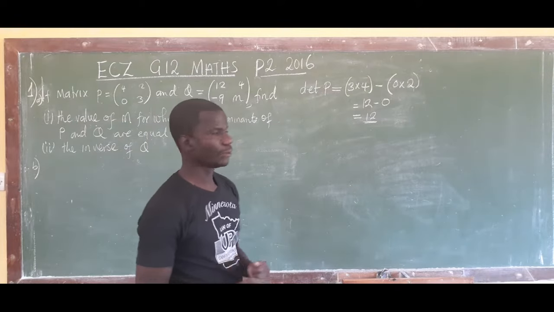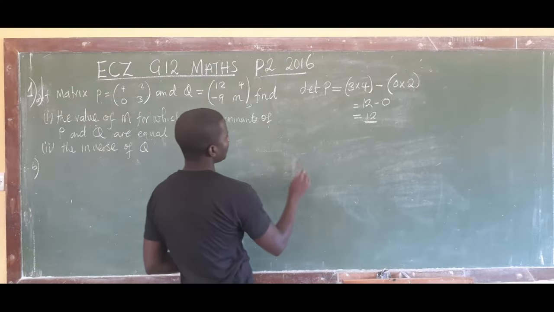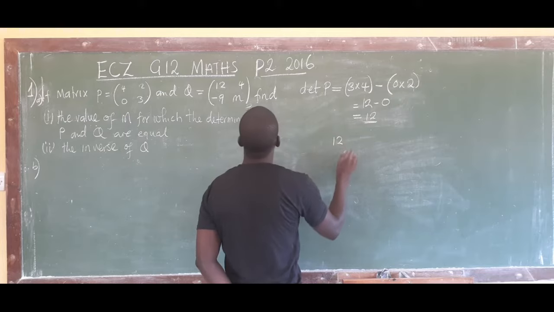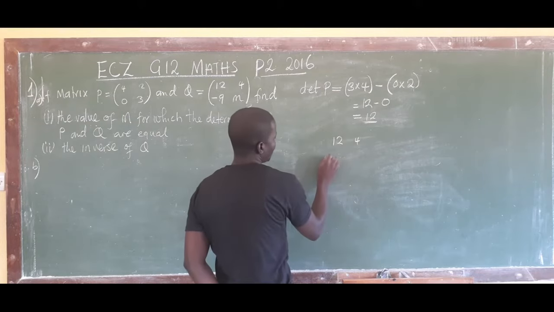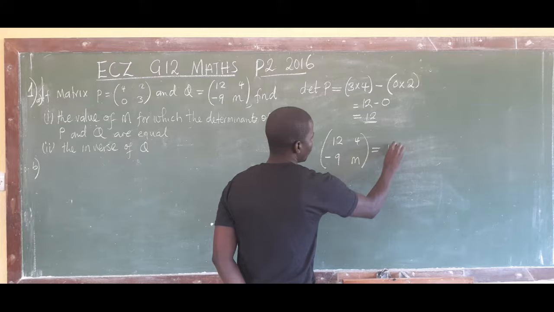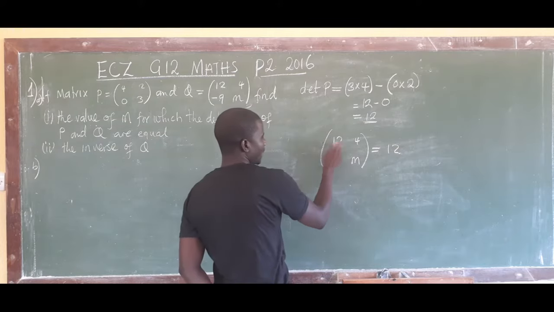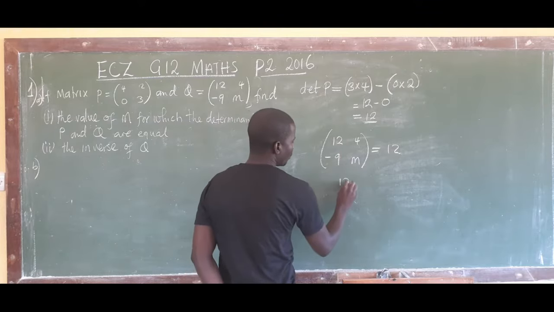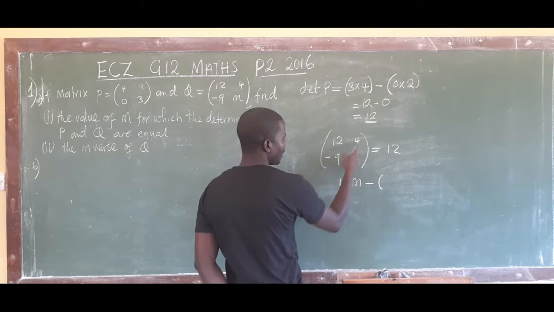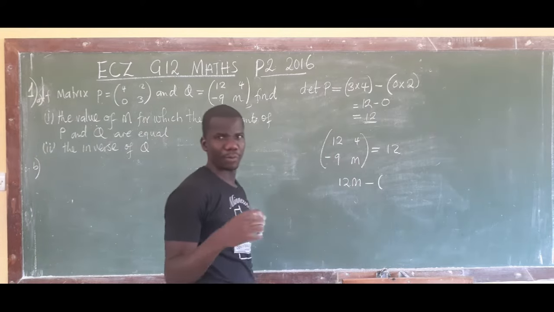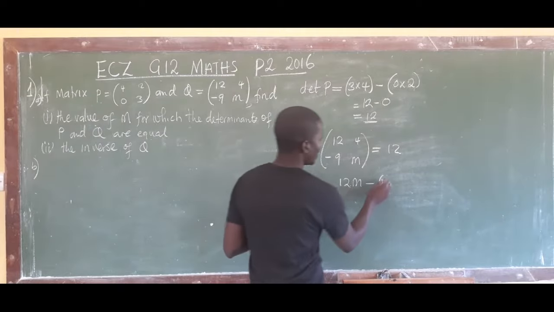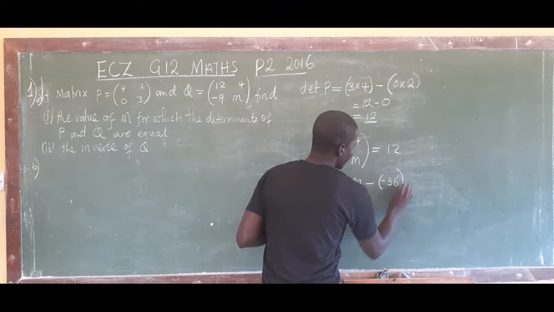So what are we going to do? The determinant of Q is 4 minus 9M, and the determinant here is equal to 12. So when we multiply these two elements, we have 12M minus, when we multiply negative 9 by 4, what are we going to get? We are going to get negative 36.